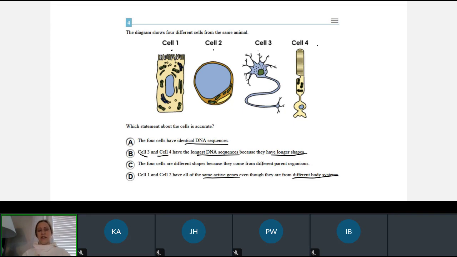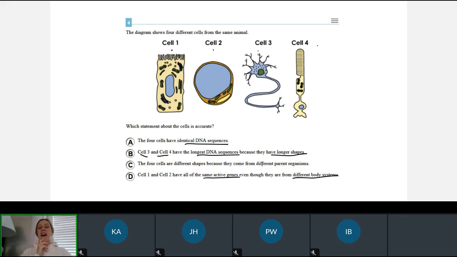You have all these cells in your body. Okay? What do you think? What statement is accurate about the cells? Don't overcomplicate it. And remember the truths that they give you.